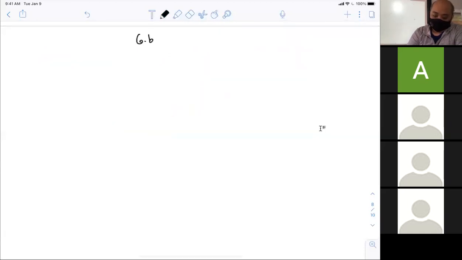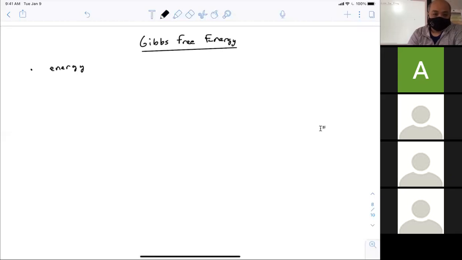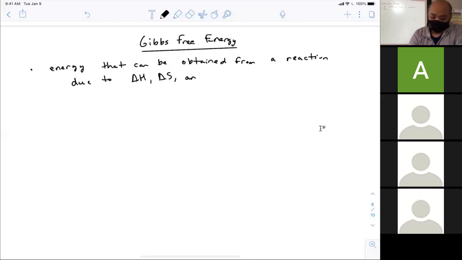Now let's go into Gibbs free energy. Gibbs free energy is essentially the energy that can be obtained from a reaction due to delta H, delta S, and the temperature.